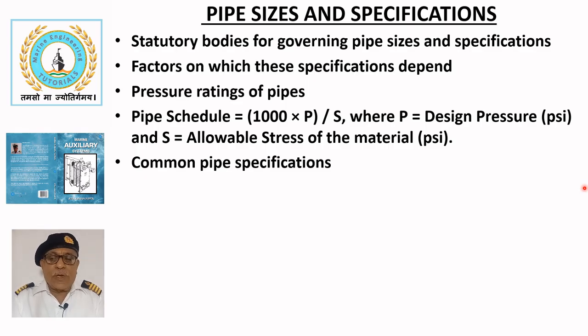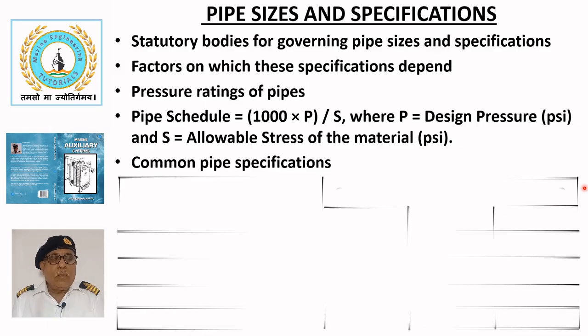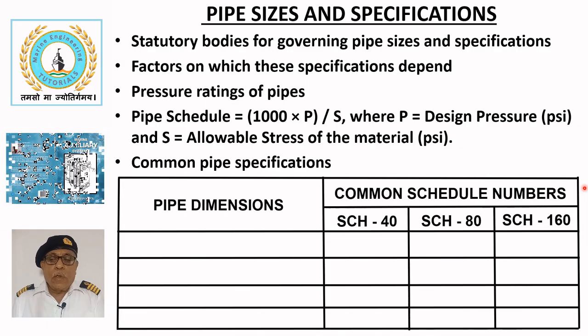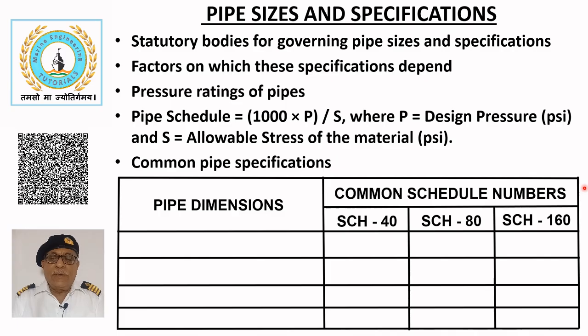For marine applications, Schedule 40 is most commonly used, except where high pressure or temperature is involved, such as in hydraulic or steam systems, where Schedule 80 or Schedule 160 is preferred. This table clarifies difference in pipe size due to change in their schedules.